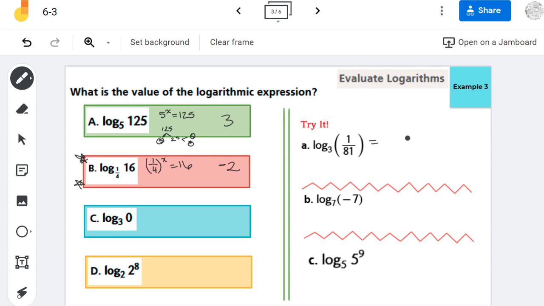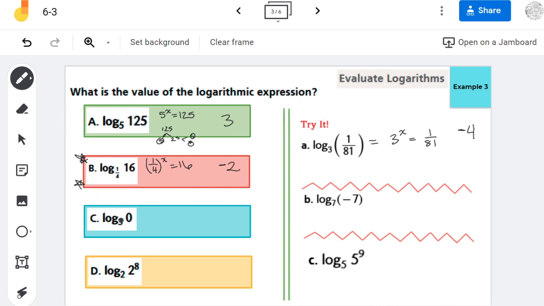If I were to set up an exponential, I'd have 3 to some power equals 1/81. Now, 3 to the 4th would get me 81, but to cause that fraction to flip upside down, that has to be a negative exponent.